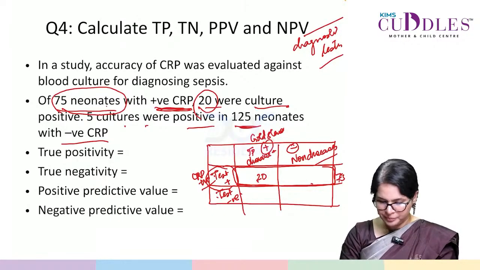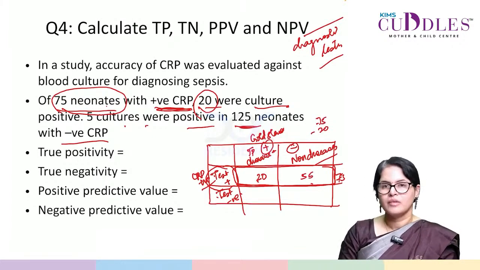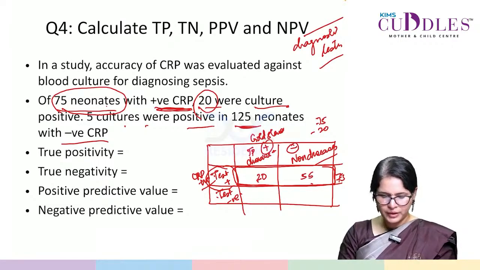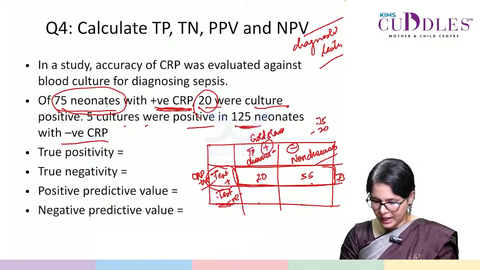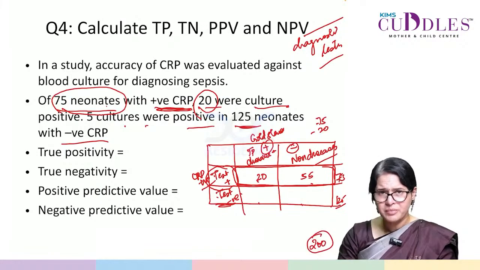So this is 20, and hence the remaining will be 75 minus 20, which is 55 here. We also know that 5 cultures were positive in the 125 neonates with negative CRP. So we know that these two again add up to 125. So total number of newborns in the study seems to be 200, 125 plus 75.